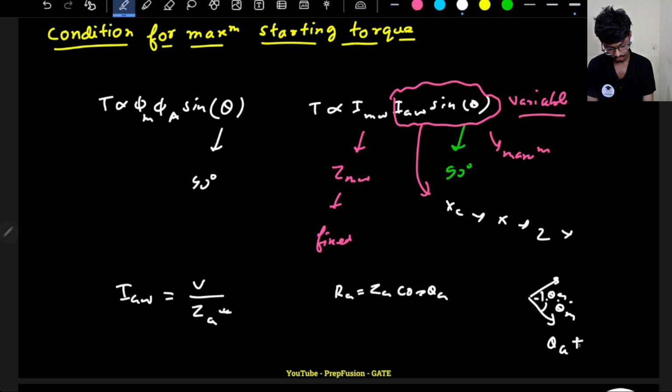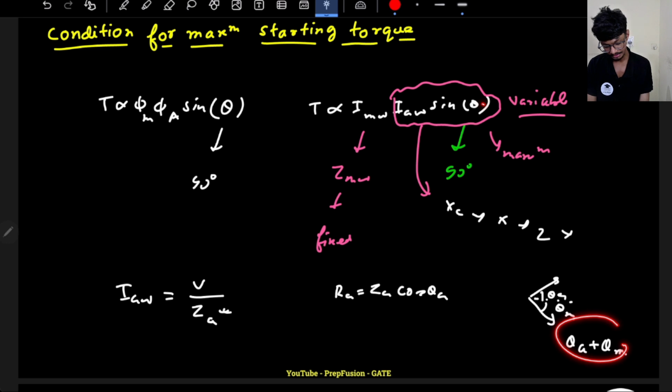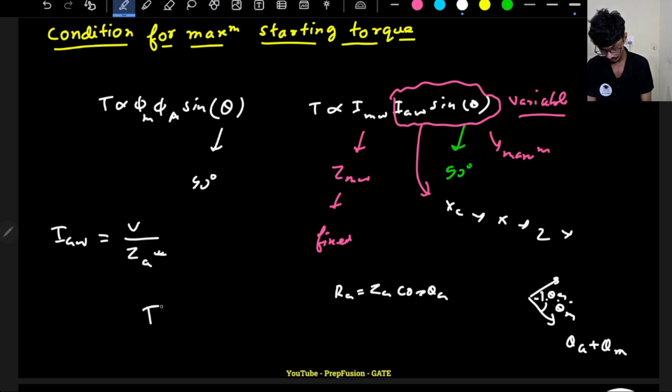So this angle is theta A plus theta M, right? So I can replace this Z_A here. Basically I can say my torque is proportional to I_MW, which is fixed, so I can write some constant K, times I_AW, which is V by Z_A. Again, V is fixed, right?